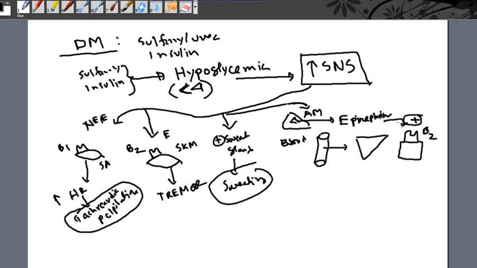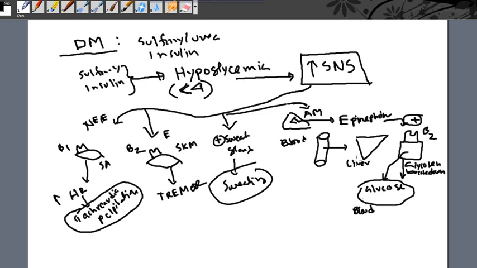When epinephrine stimulates the beta 2 receptor on the hepatocyte, there will be glycogenolysis. There will be glycogen breakdown. And when there is glycogen breakdown, glucose is produced, and this glucose is released into the circulation. So epinephrine released from the adrenal medulla will activate beta 2 receptor in the hepatocyte and will produce glycogenolysis, and this leads to release of glucose into blood.